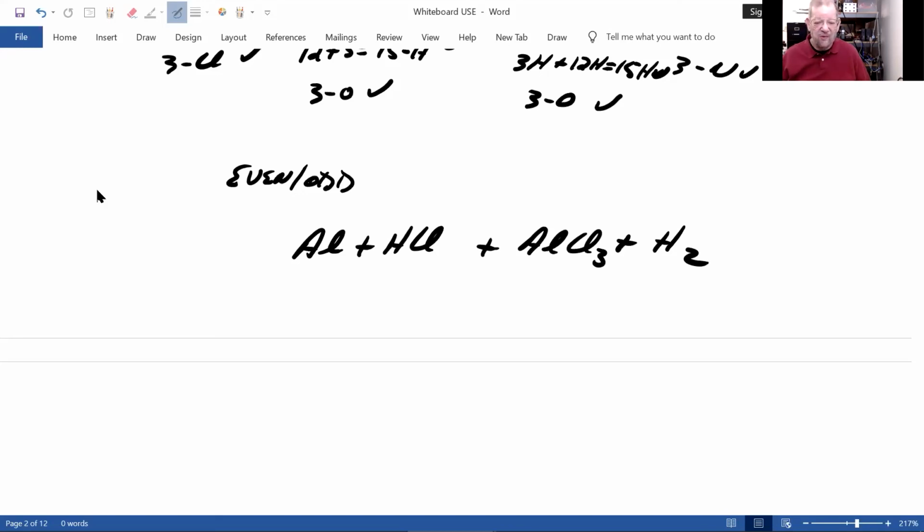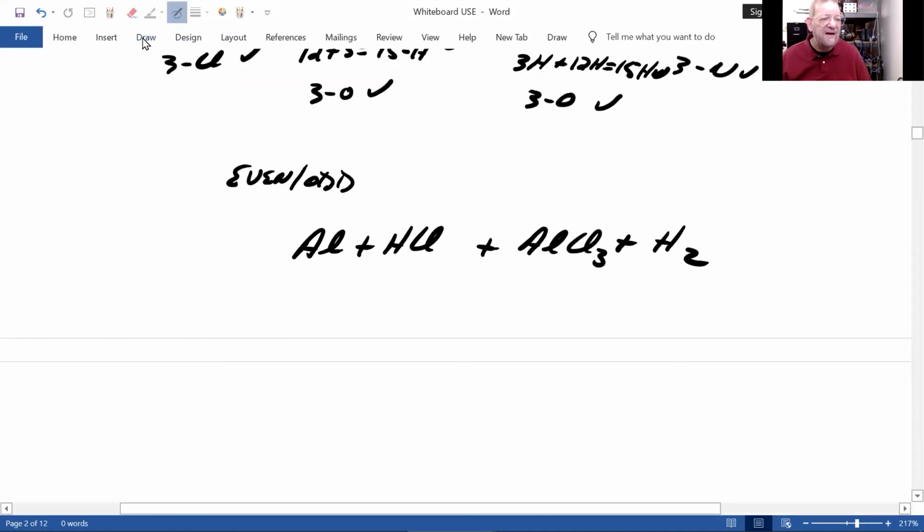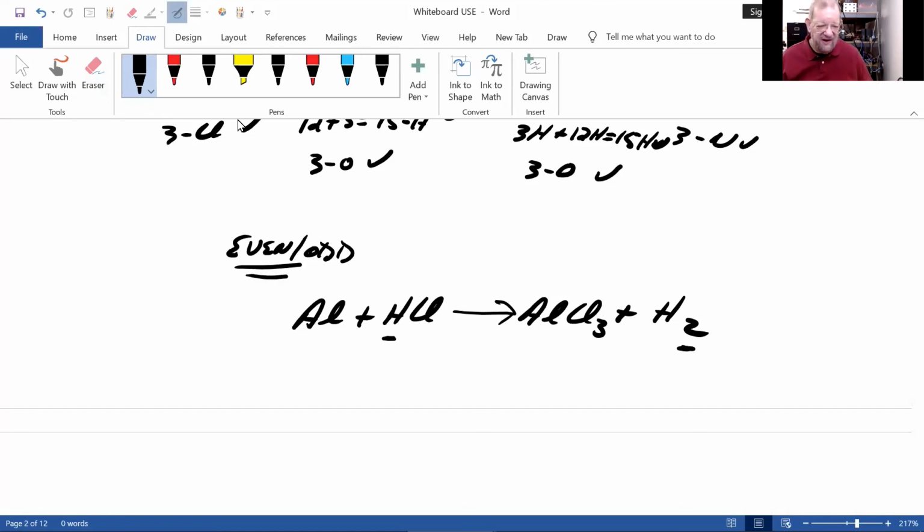Now, the question is, how do you balance this? And notice immediately we have 1 hydrogen here and 2 there. Immediately that tells me I'm dealing with an even odd.